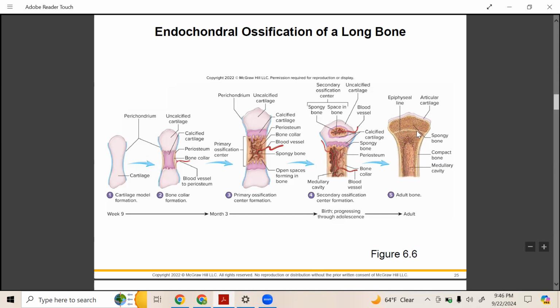And in a kid, we would have that epiphyseal plate until it fully matured. So like I said, you don't need to remember every single detail. You just need to know we start from cartilage, primary ossification center in the diaphysis, secondary in the epiphysis, and that's how we end up remodeling fully.